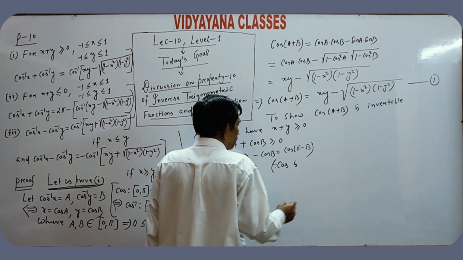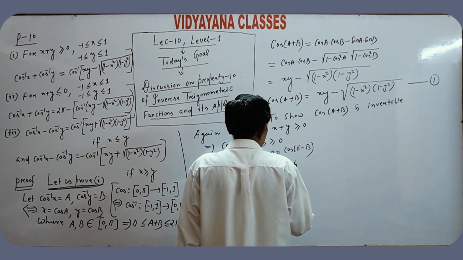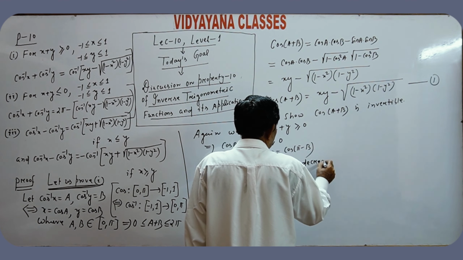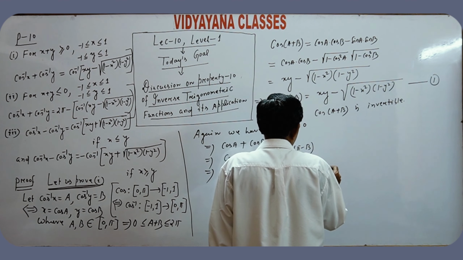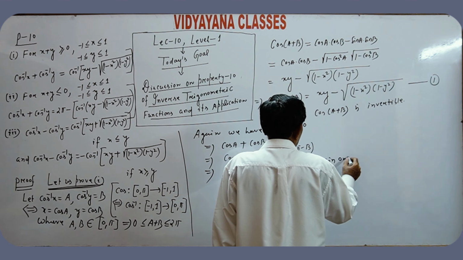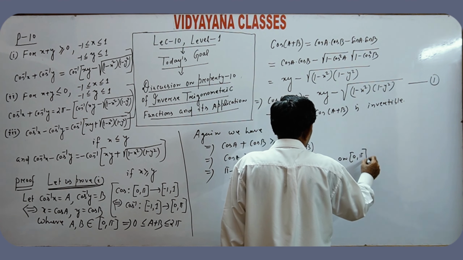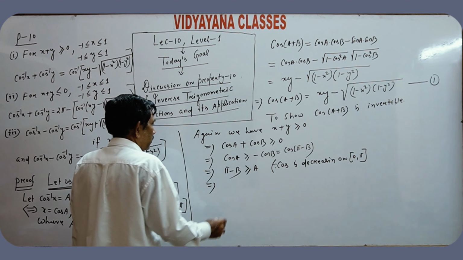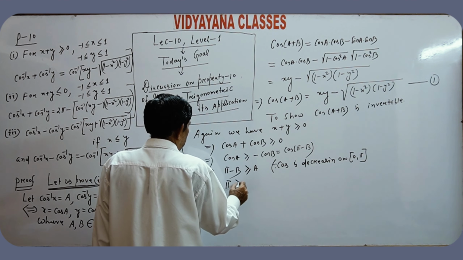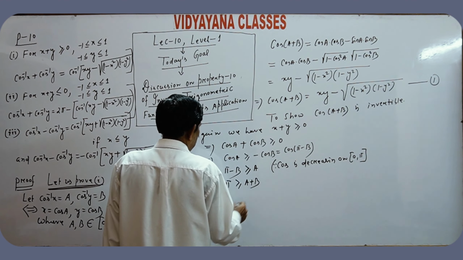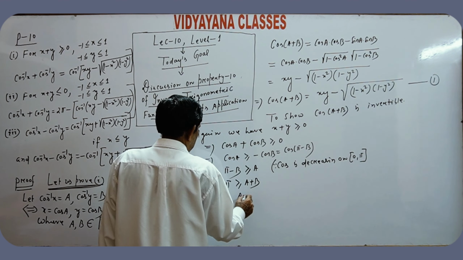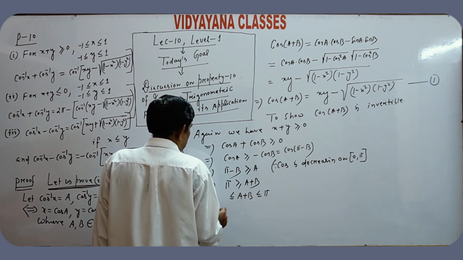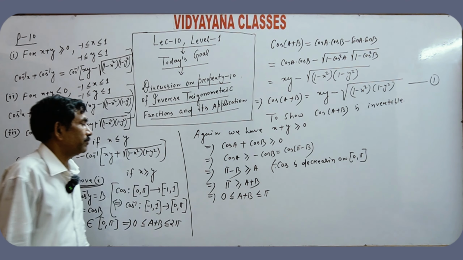Since cos is decreasing, cos is decreasing on the closed interval 0 to pi, which implies pi greater than or equal to a plus b, which implies a plus b less than or equal to pi, also greater than or equal to 0.